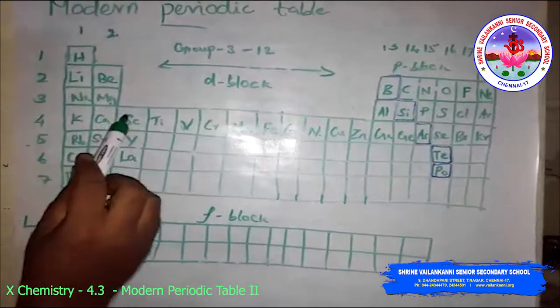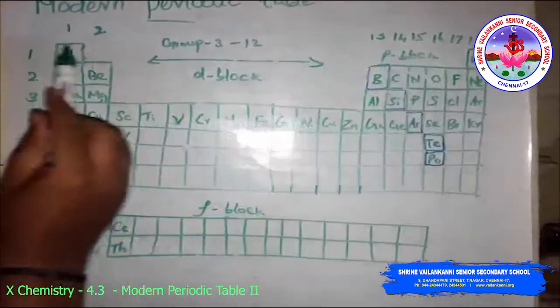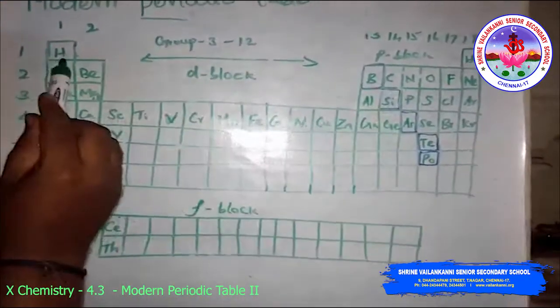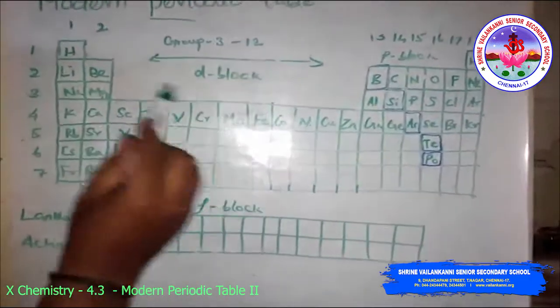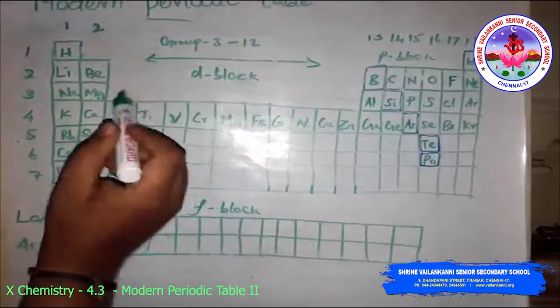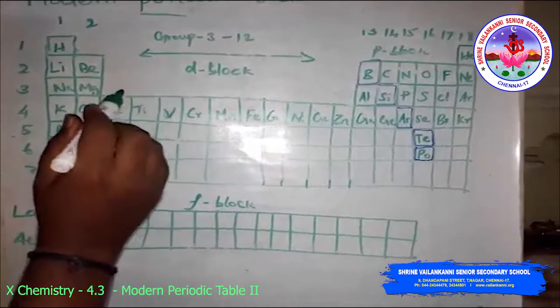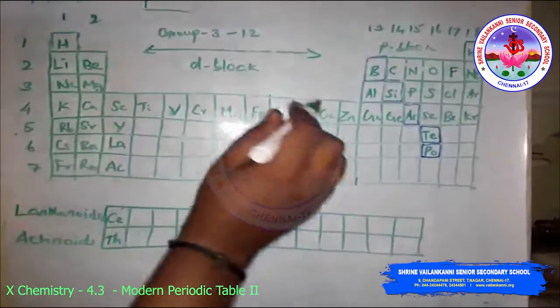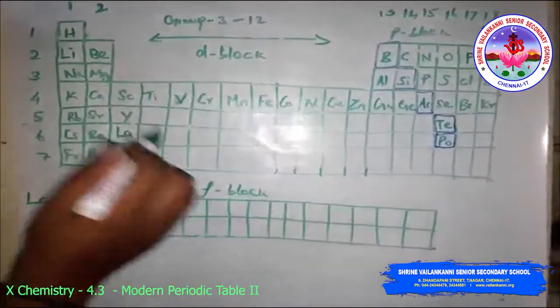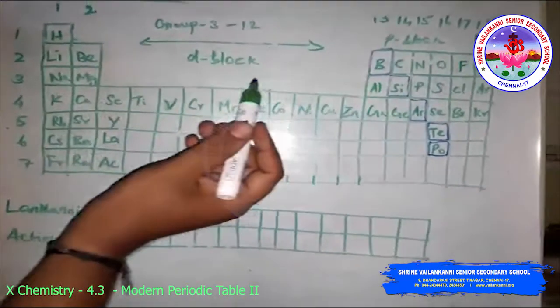Then in the middle of the series, in between the p-block and the s-block elements, are the d-block elements. They are completely metals, also called transition metals.